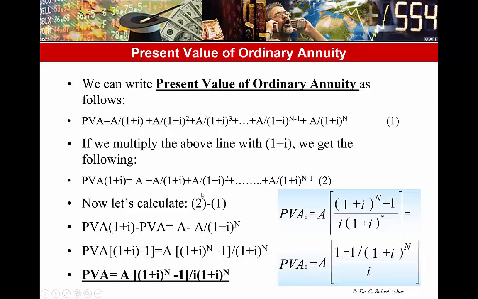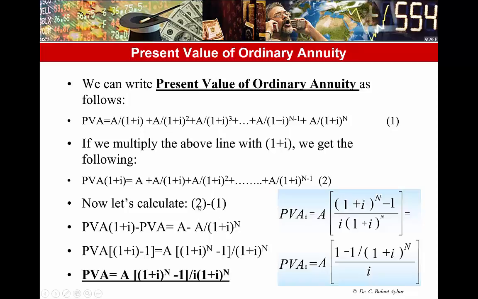And finally, the last term is going to be A to the 1 plus I to the power n minus 1. So this figure should be larger than the first equation that we have in here, or this equation is going to be larger than equation 1.